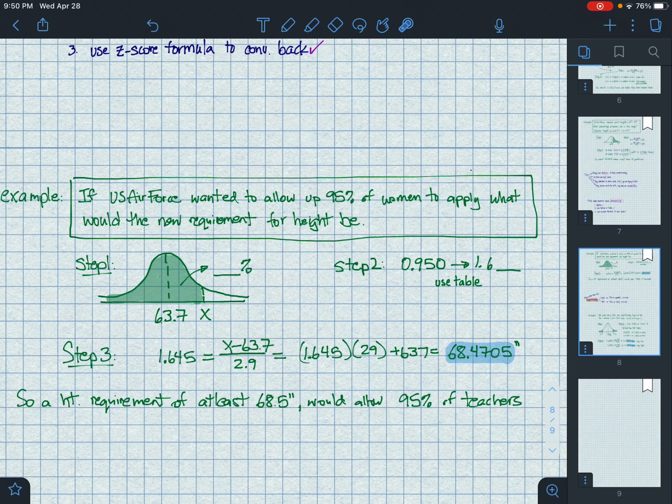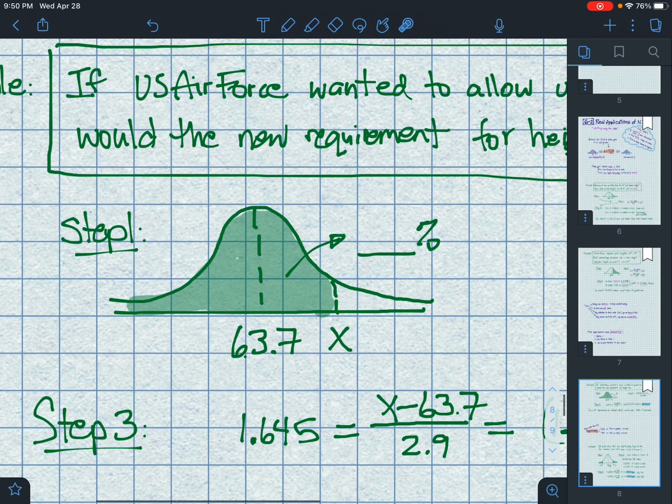U.S. Air Force wants to allow 95% of the women to apply. What would the new requirements for the heights be? So again, we're reversing this, right? We're not going with the 45. We're now looking, okay, if most of the women should do that. So then I draw a picture. Here's my average height. And again, I want a value out here that would accommodate 95% of the people.